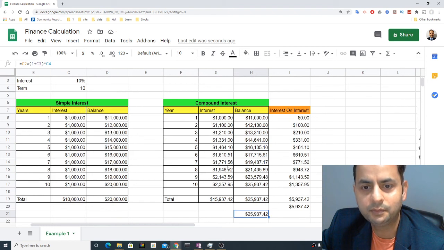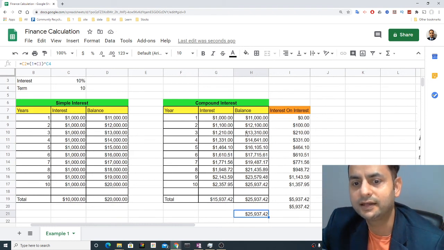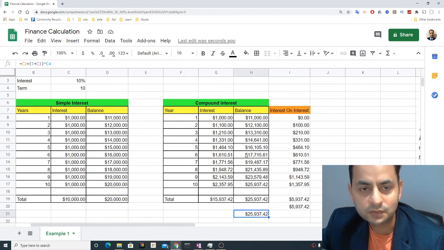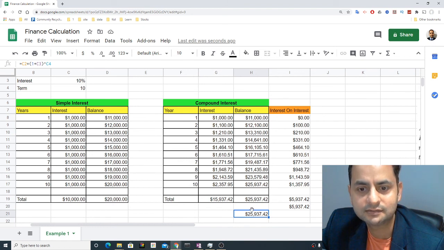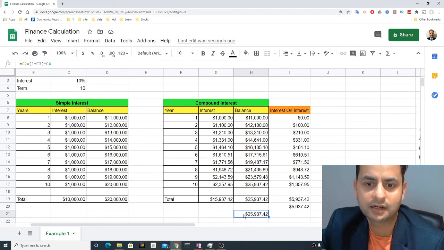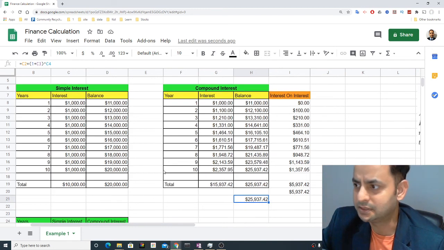I did the breakdown just to clarify the concept. There are many ways to compute the same thing. This is on a yearly basis, but if you want to calculate 10 years, you get the number straight away.